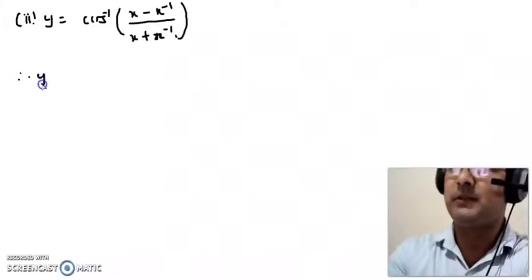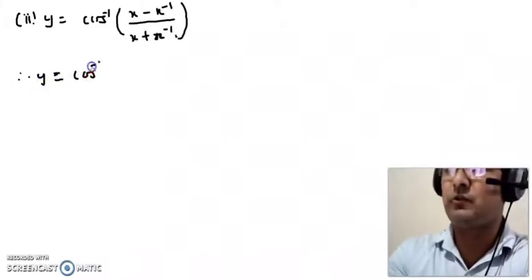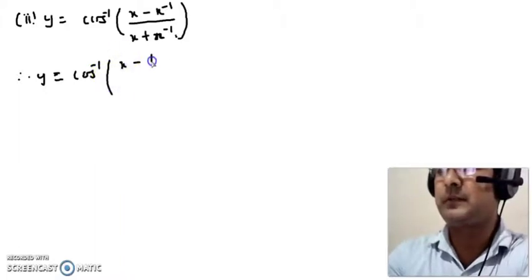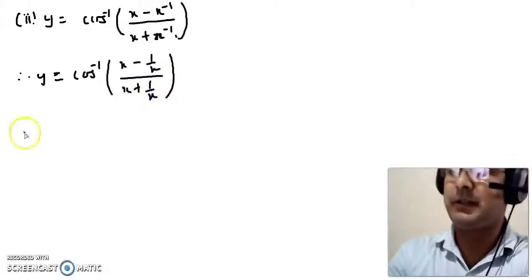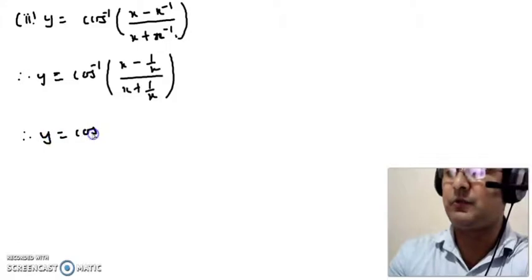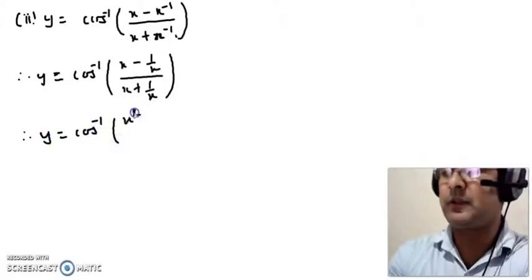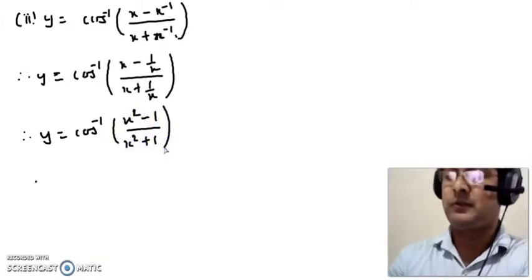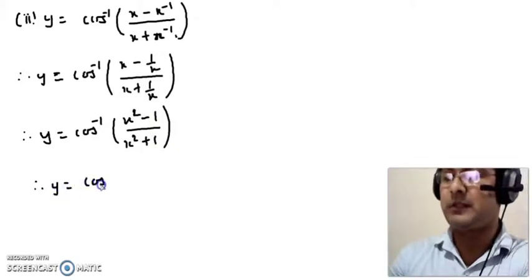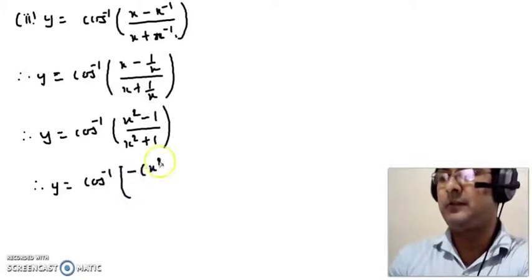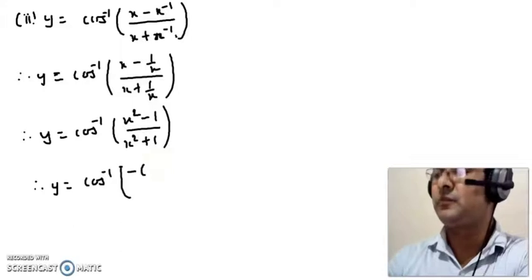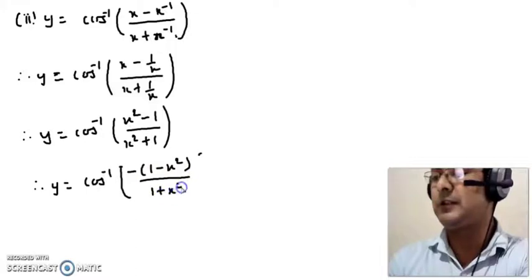We can simplify this one as y is equals to cos inverse, bracket x minus 1 upon x, upon x plus 1 upon x, and therefore y is equals to cos inverse, we have x square minus 1 upon x square plus 1, and therefore if you take minus sign common from the numerator inside the bracket, then we have minus of (1 minus x square), and denominator we can write as 1 plus x square.